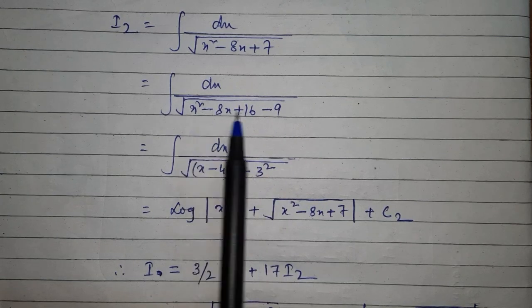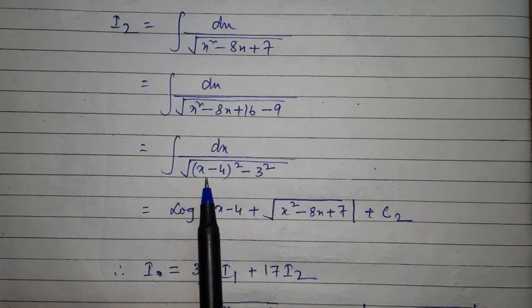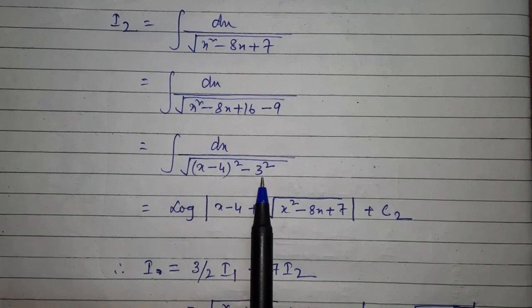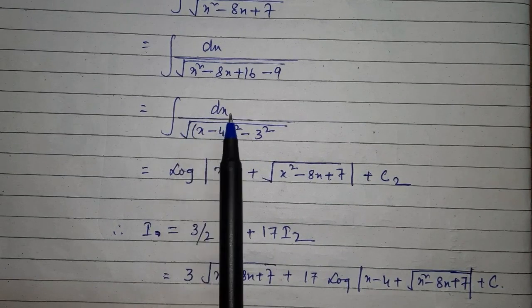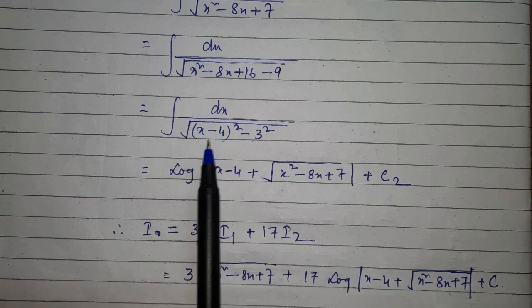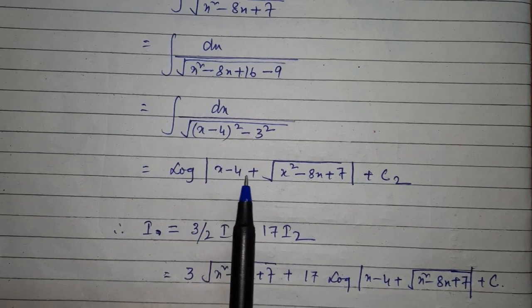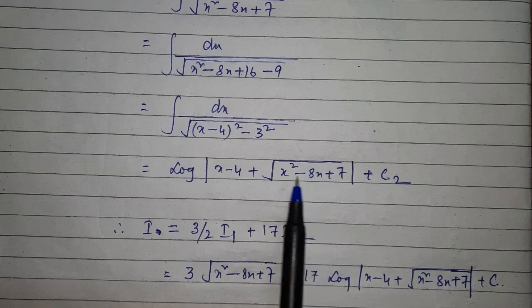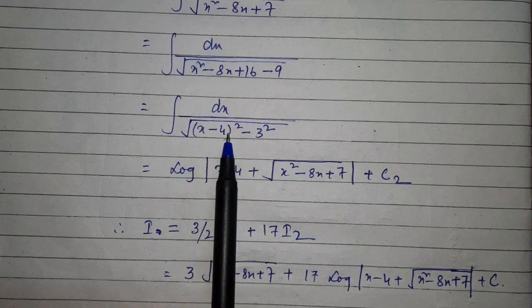So this is x minus 4 whole square minus 3 square, root over of x square minus a square. This is the form of integration of dx by root over of x square minus a square, and the integration is log of x plus root over of whatever there is in the denominator.